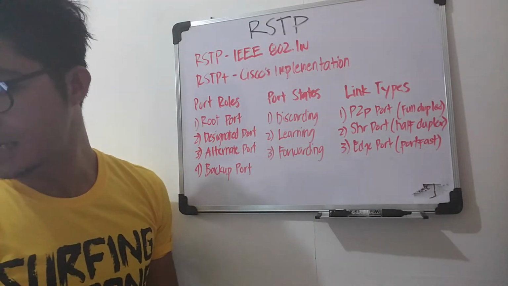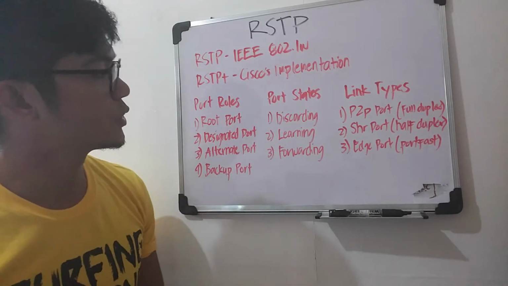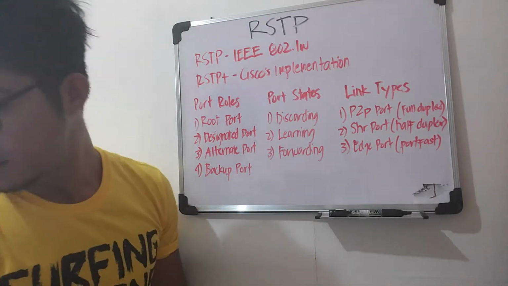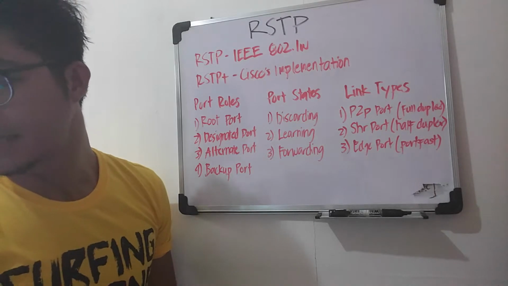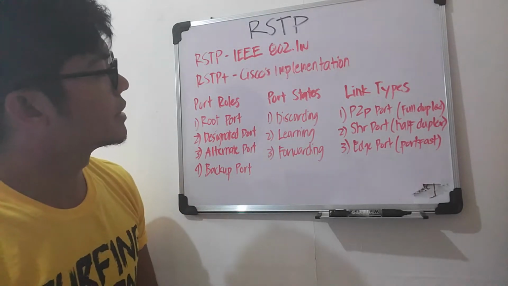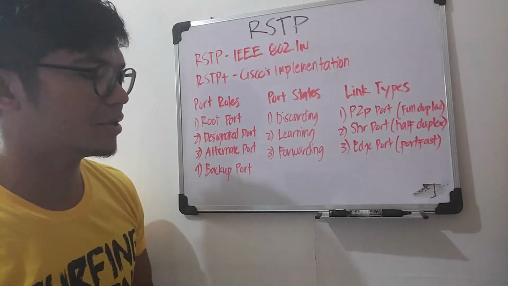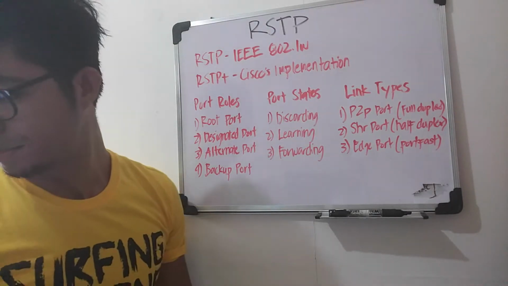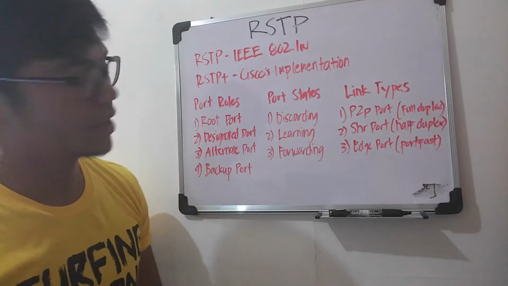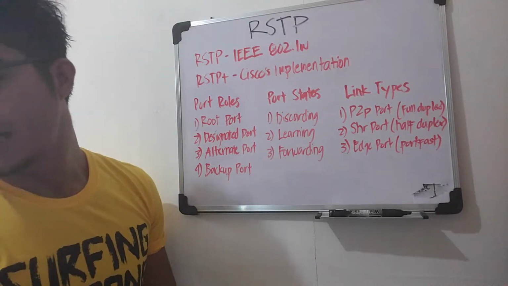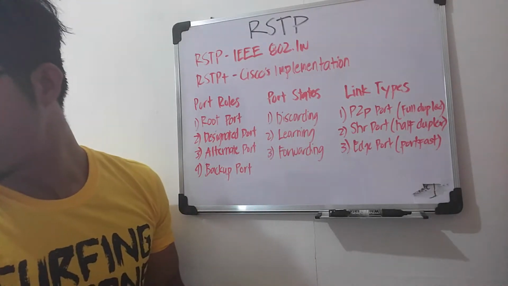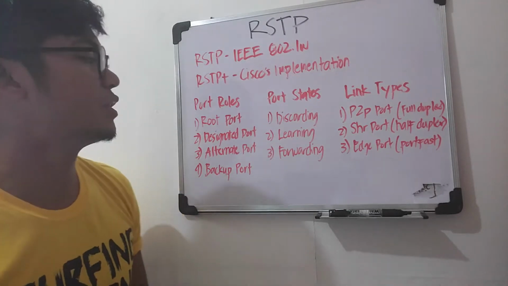This state combines the 802.1D disabled, blocking, and listening states. In RSTP, you don't need the listening state because RSTP can quickly negotiate a state change without listening for BPDUs.